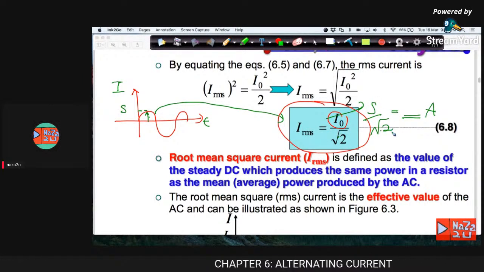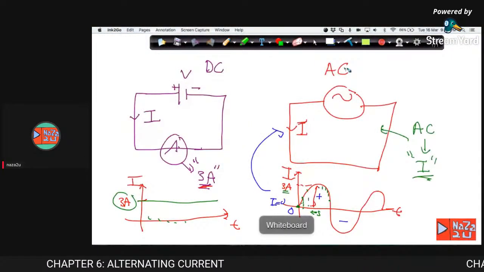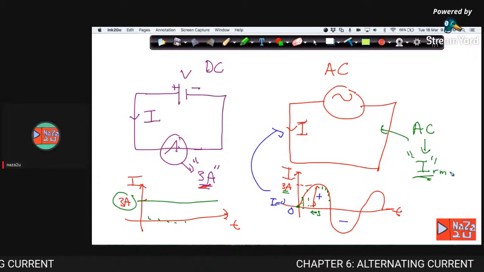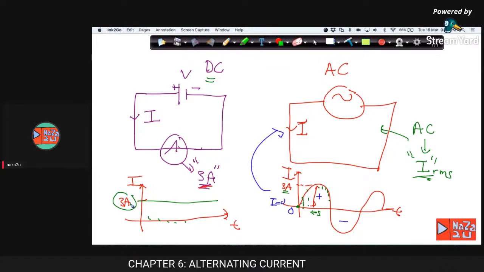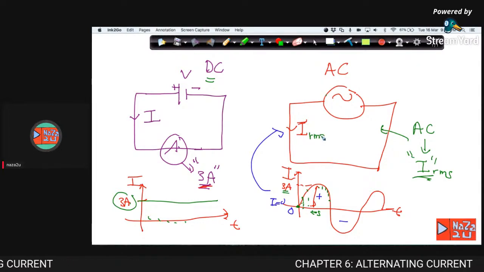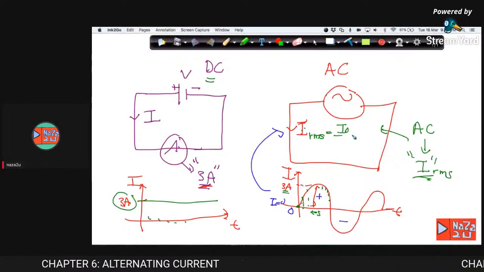Boleh kira lah. Tapi mengapa? Jadi I RMS kat sini menjawab persoalan ni balik. Kalau dalam DC current, yes kita boleh ukur 3 ampere. Tapi kalau dalam AC current, macam mana kamu nak jelaskan arus mengalir kat sini, kita merujuk kepada I RMS. Macam mana kita nak tahu I RMS? Kita boleh guna perkaitan di antara I0 ataupun maximum current.